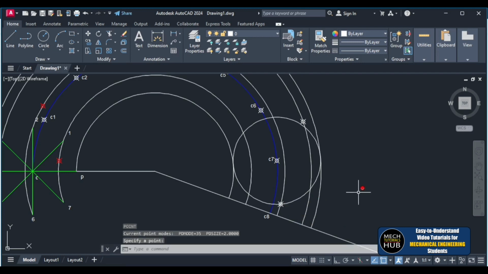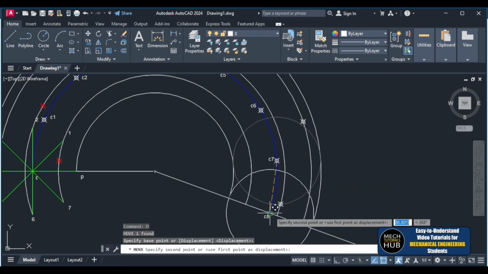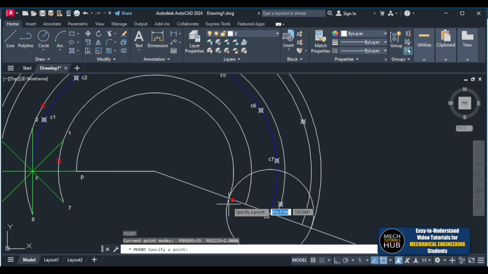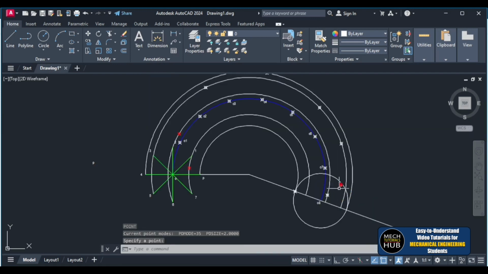Next, when the same circle moves from C7 to C8, it is exactly touching this point, the end point of the circumferential distance. This is how it is making a number of instances.